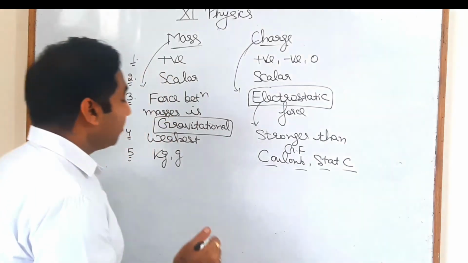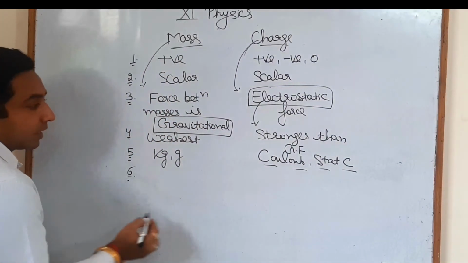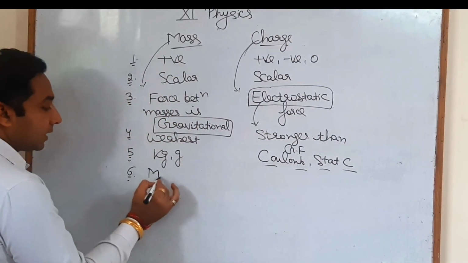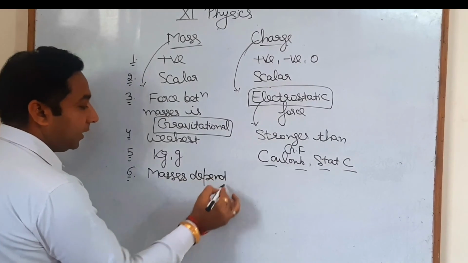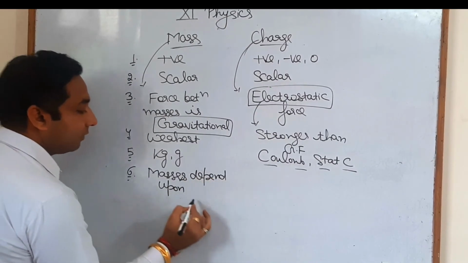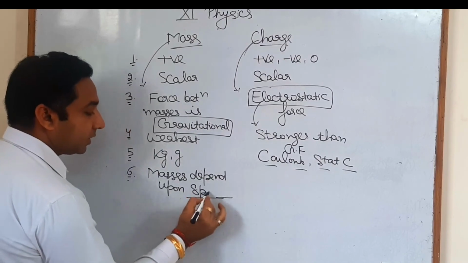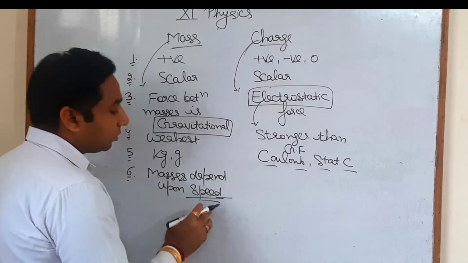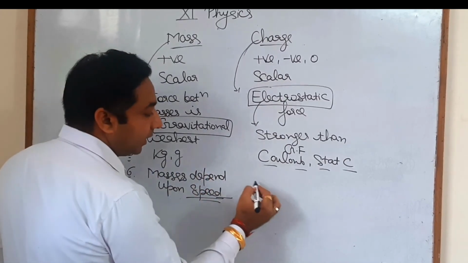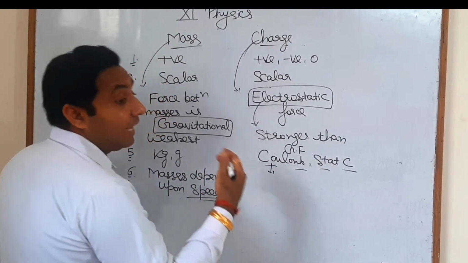Then the most important property: masses depend upon a very important property, speed. Means the masses can change according to the speed. We will discuss it in detail. And the charges are invariant.